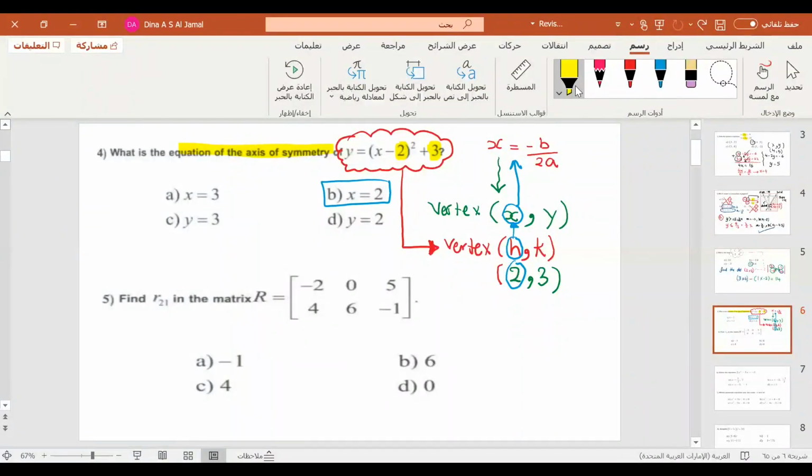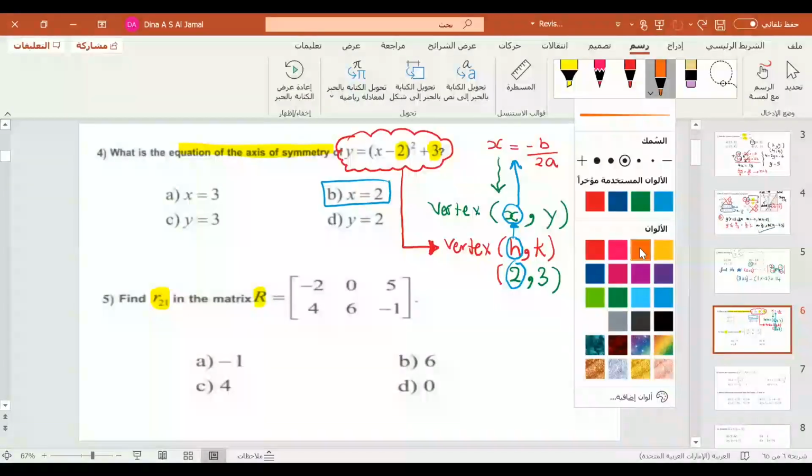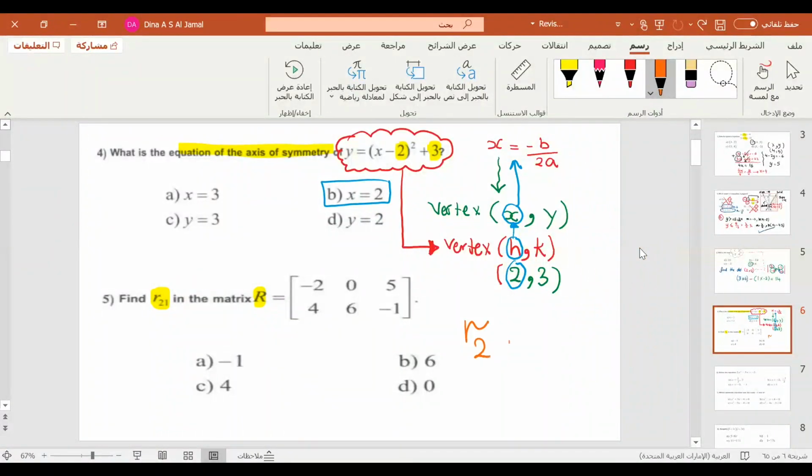Whenever he is asking you to find R21 in the matrix R, he would like you to locate one of the elements. So for R21, we have to know what is the meaning of the 2, what is the meaning of the 1. So 2 means row, 1 means column.